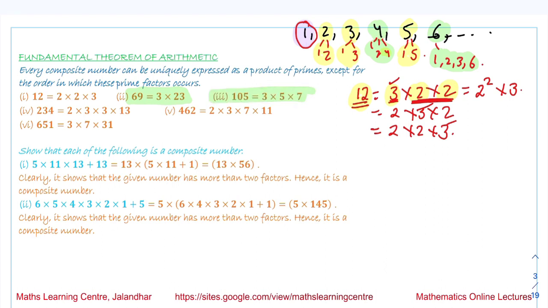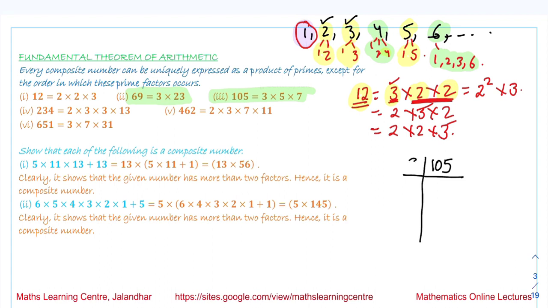So how can we find these values? Suppose I am talking about the factors of 105. To find the prime factors, I will start with the number 2. 105 is not divisible by 2. Next I will look at the number 3.